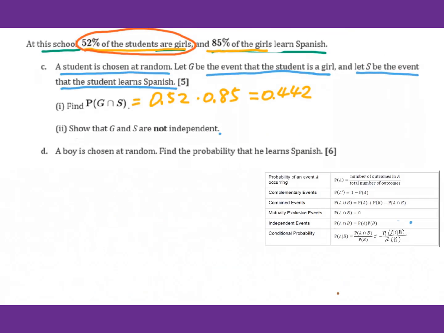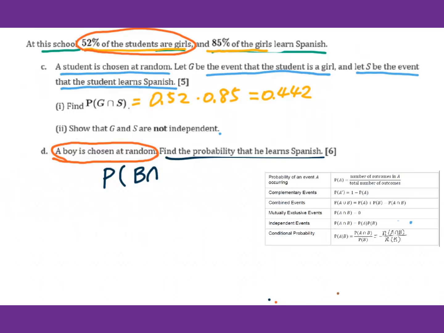To D, a boy is chosen at random. Find the probability that he learns Spanish. You have to pay more attention to this. They said a boy is chosen at random, which means this is a conditional probability. We need to figure out the boy intersect Spanish.